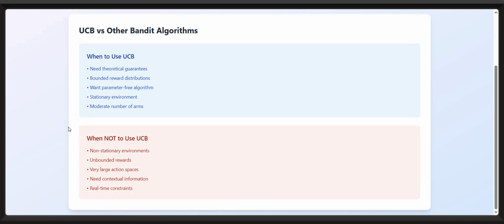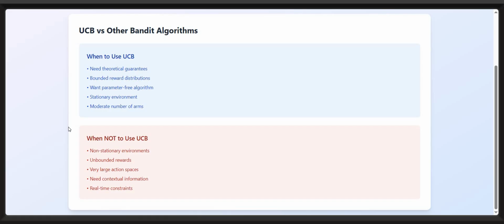But if you are dealing with a situation where things are changing frequently, like non-stationary environments, or if the action space is really huge, or if you need to use extra context or side information, then UCB might not be the best fit. In those cases, other methods might be more suitable.